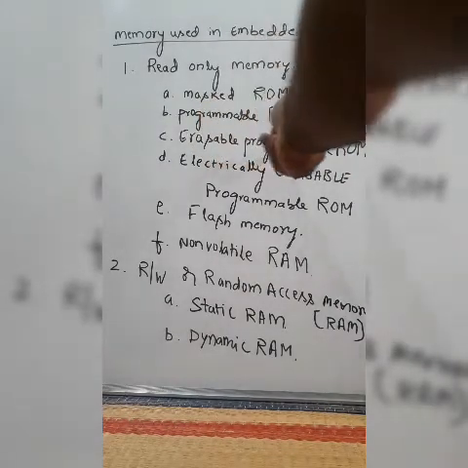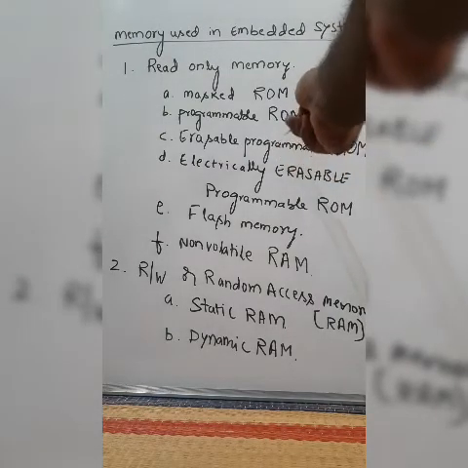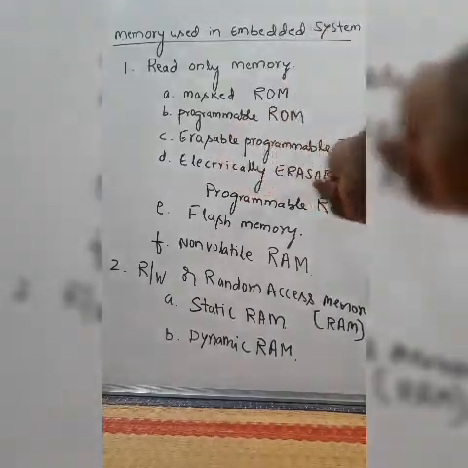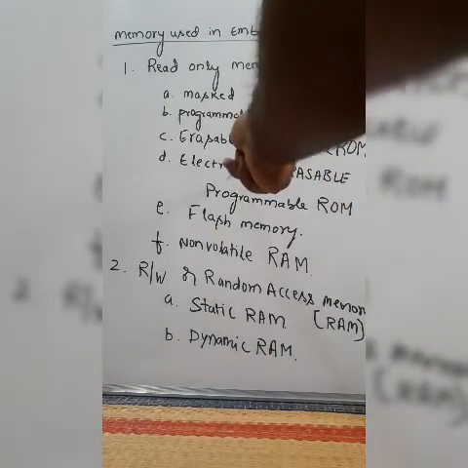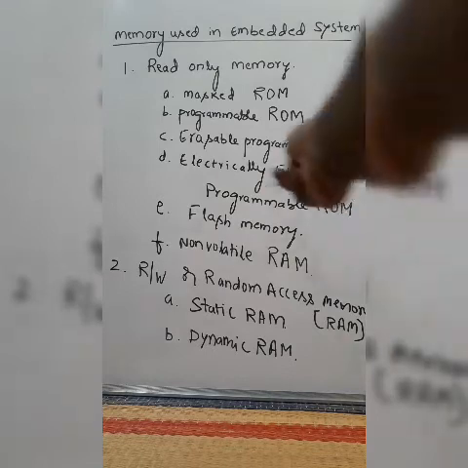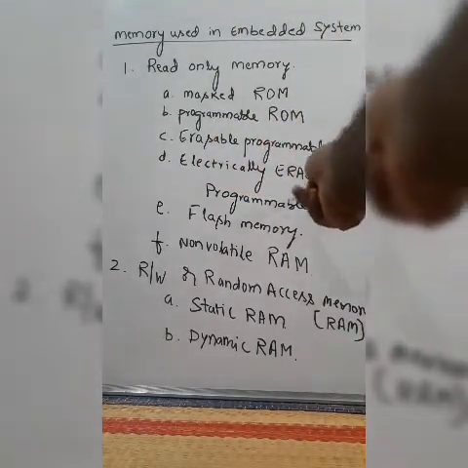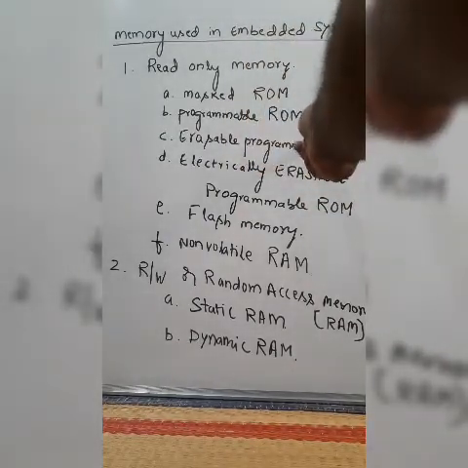Hence it is called erasable programmable read-only memory. This provides a little bit of flexibility compared to the previous two. Electrically erasable programmable read-only memory: in the sense you are going to use electrical signals to erase the read-only memory. Electrical power is used to erase the information, rather than EPROM, where ultraviolet rays were used.